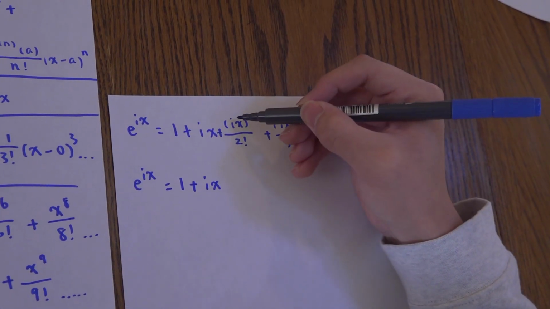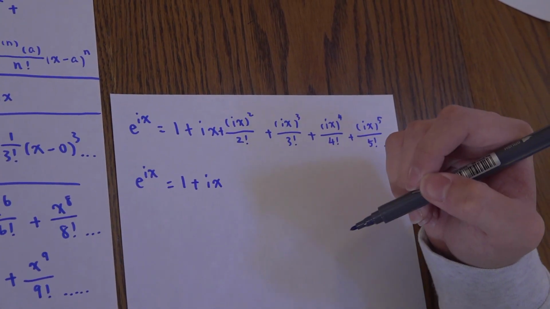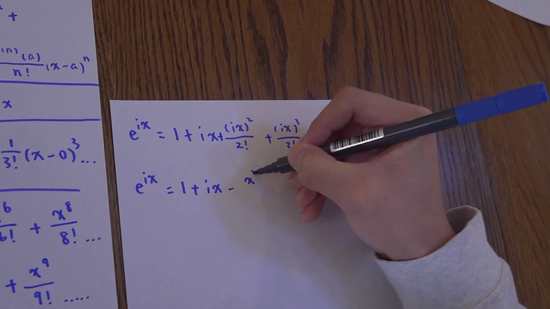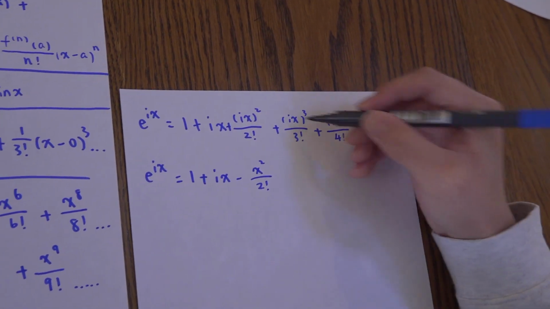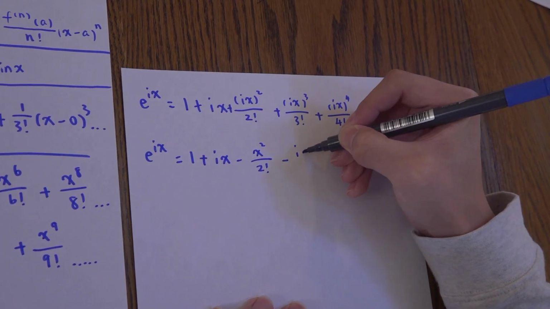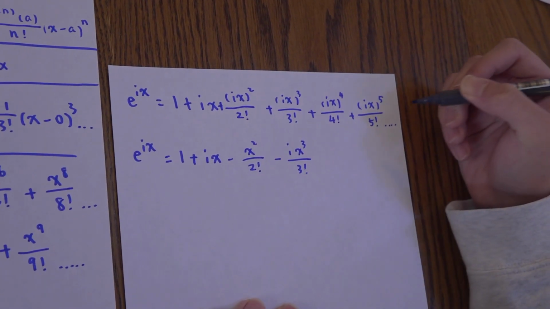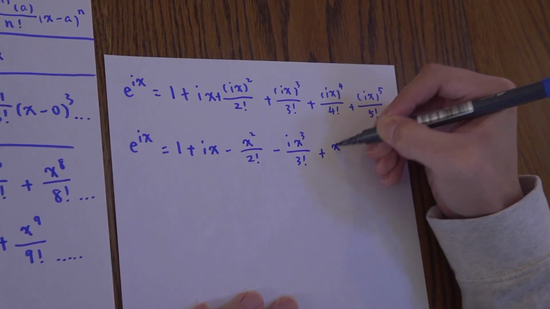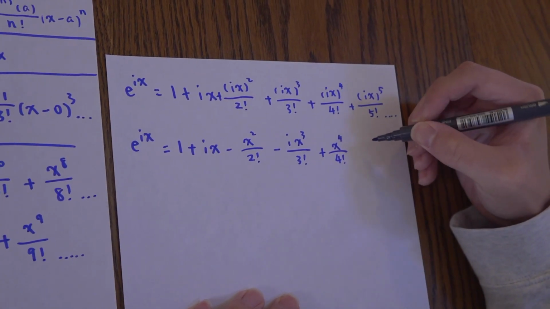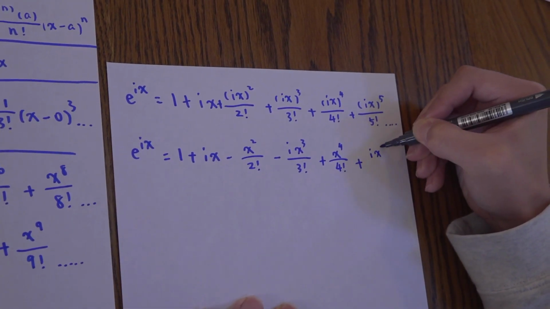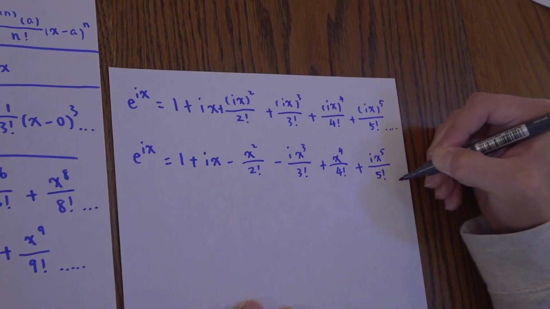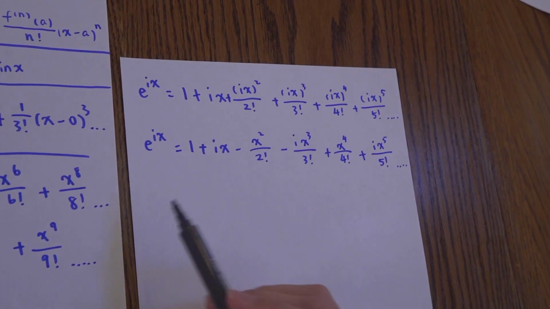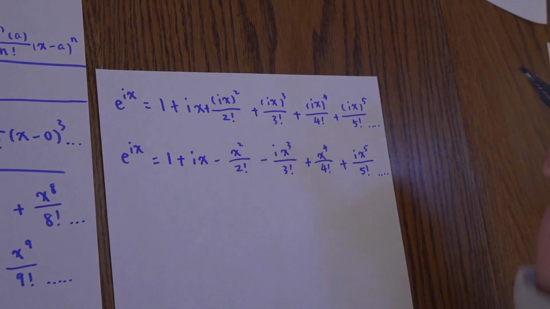But the third term, i to the second power, is basically -1, right? So it's minus x squared over 2 factorial. The next term, i cubed, is negative i. So this is what it becomes. Now, plus x to the 4 over 4 factorial, plus i x to the 5 over 5 factorial. This is the work after we simplify the entire equation.